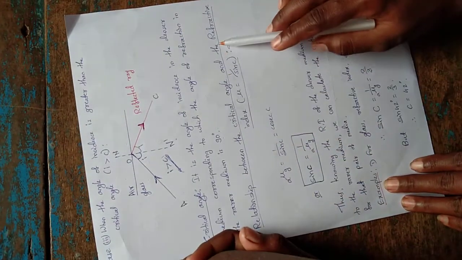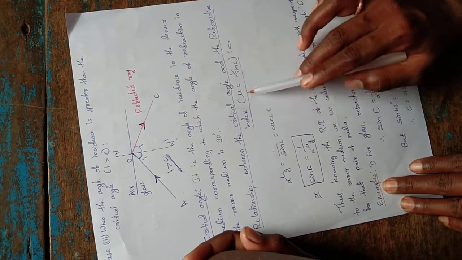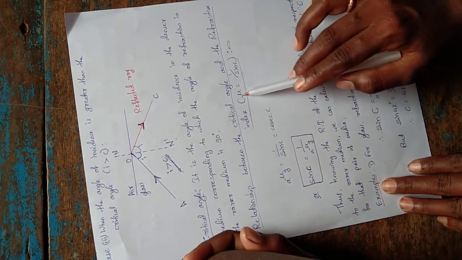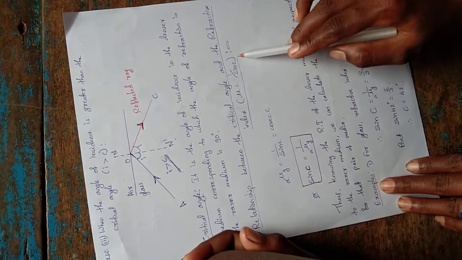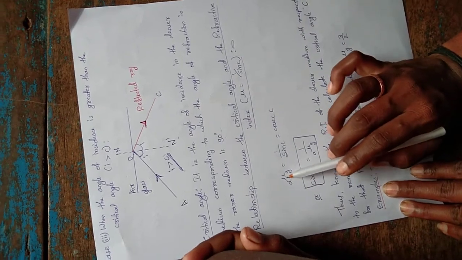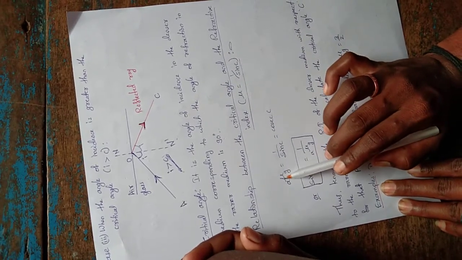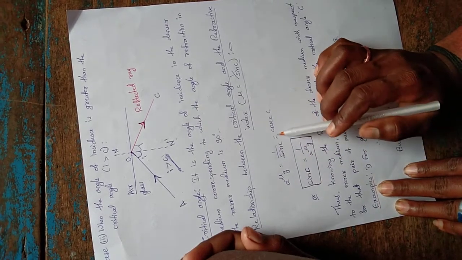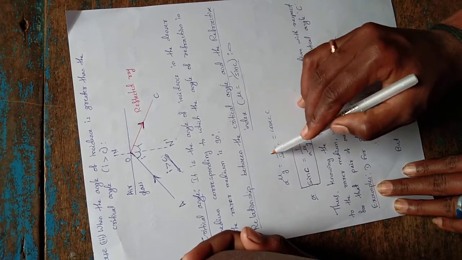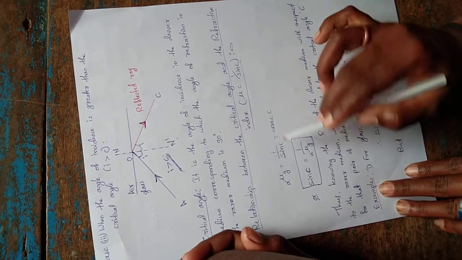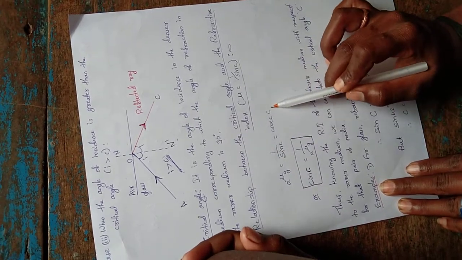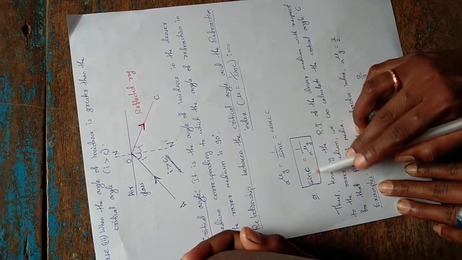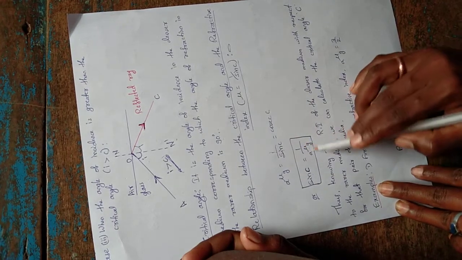Relationship between critical angle and refractive index mu: mu, the refractive index of glass with respect to air, mu Ag is equal to 1 by sin C, that is cosec C, or sin C is equal to 1 divided by mu Ag.